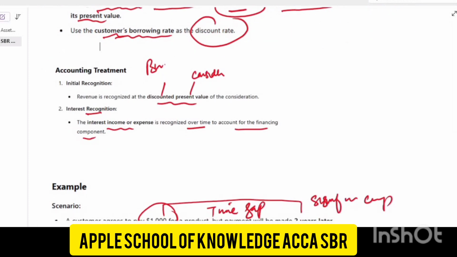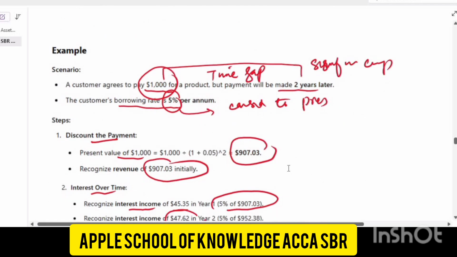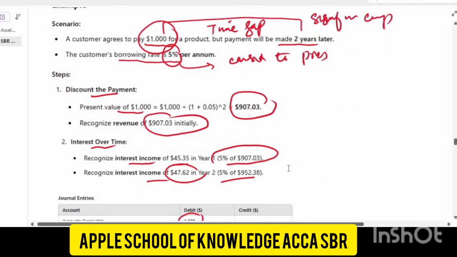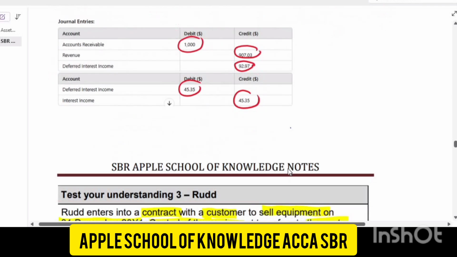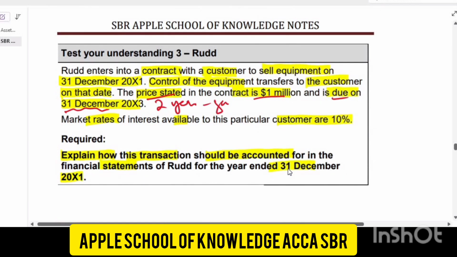Initial recognition will be revenue, at the discounted present value of the consideration, and then interest income or expense should be recognized over time. We have already done the question, and this is just a simple example, and we have already done the example from the kit.